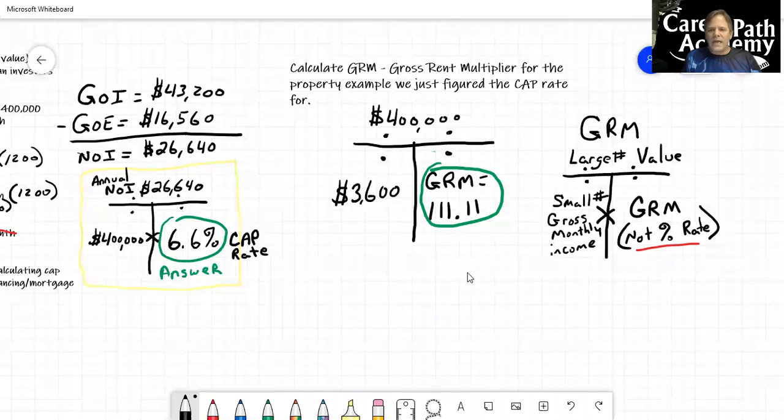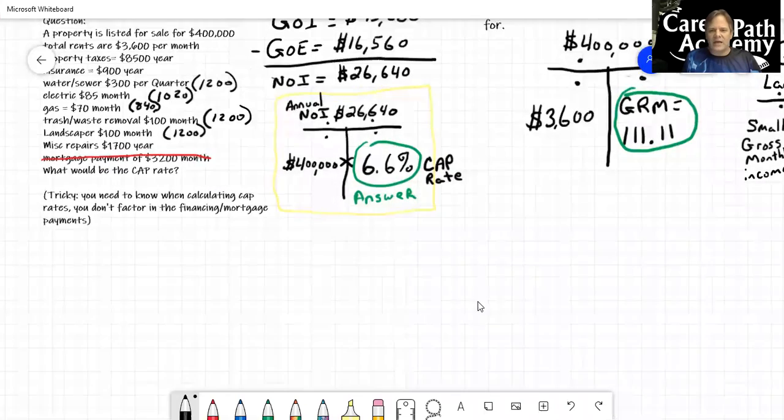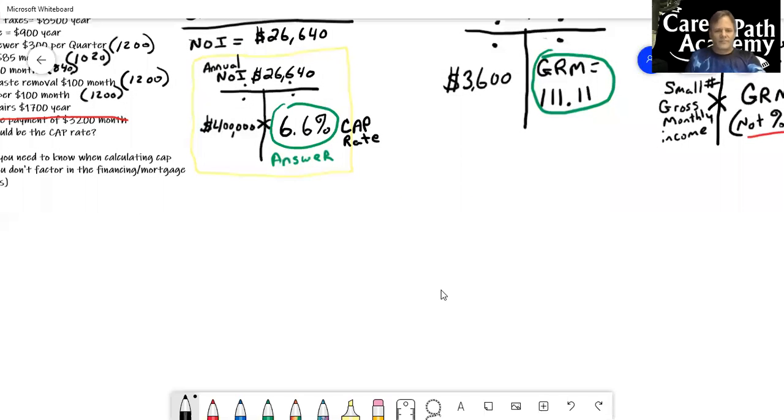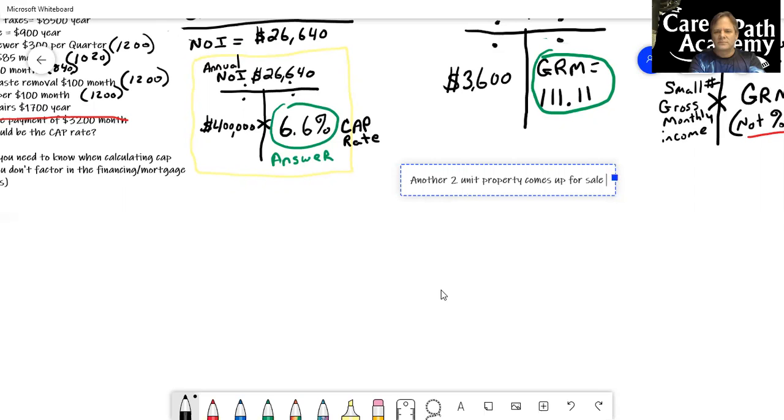So we get another property that comes up for sale. Let's say another 2-unit property comes up for sale in the same neighborhood, in the same area.